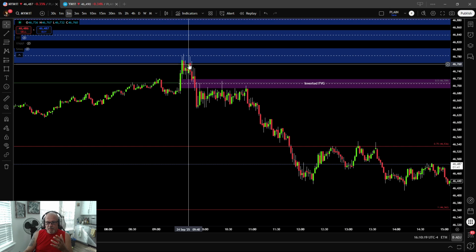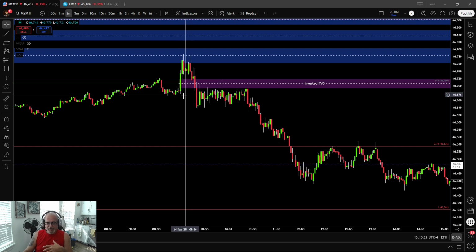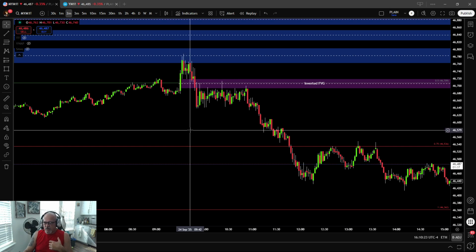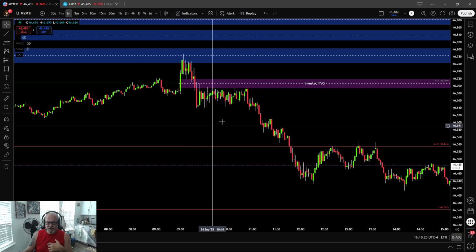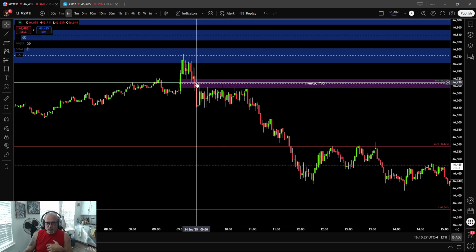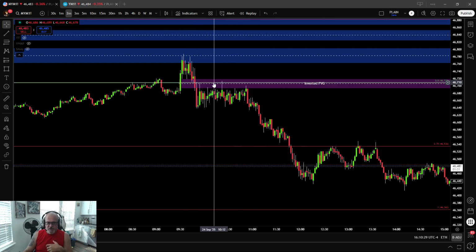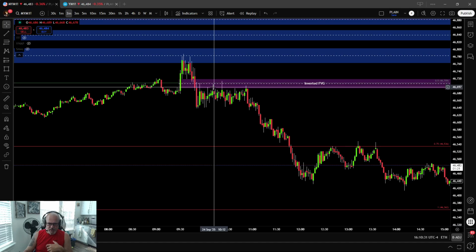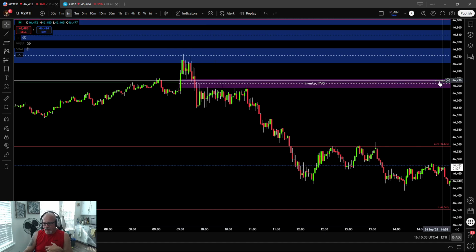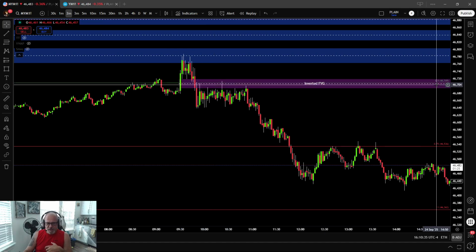With a bearish mindset, now I want you to take a quick look as to where that inverted fair value gap was created. Right at the 50% level. Okay.